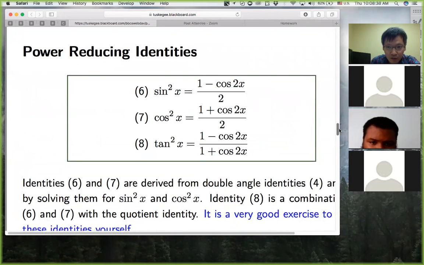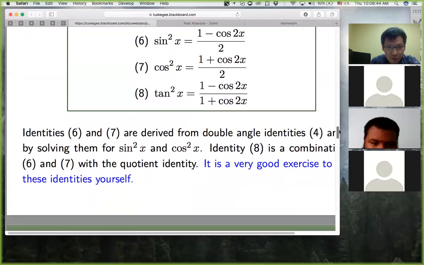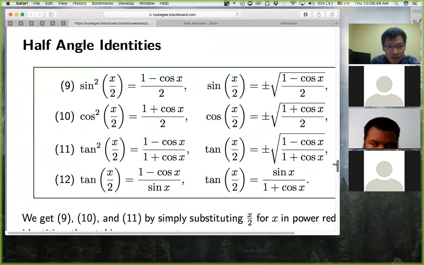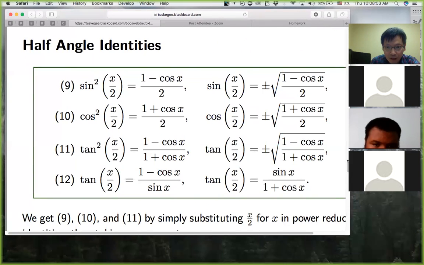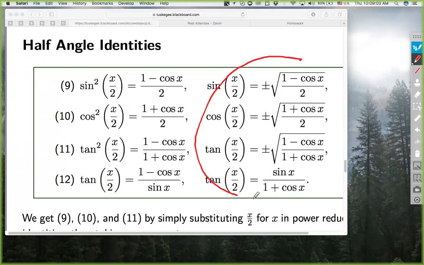These are quite useful in some areas, but in this course, I'm going to skip these power reducing identities. So let's get to these half angle identities. Most likely, you're going to use these 4.